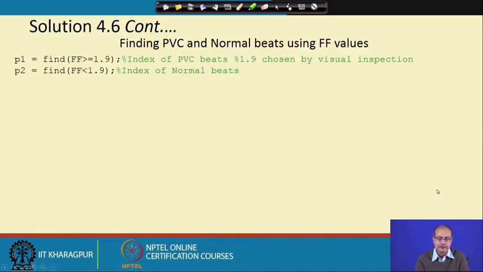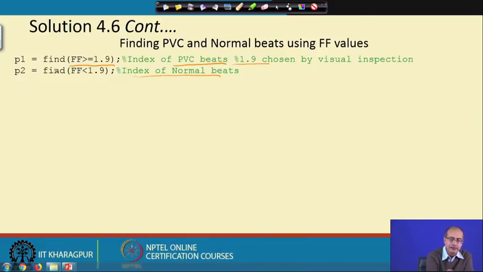From the observation, we take a threshold at 1.9. Above that value, if we have FF, then this should be a PVC beat. Below that value, it should be a normal beat.